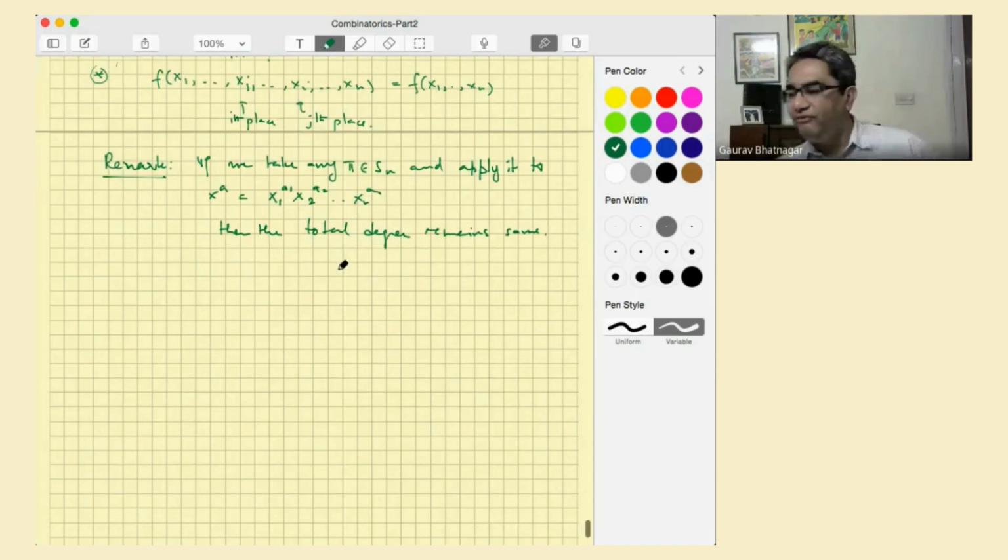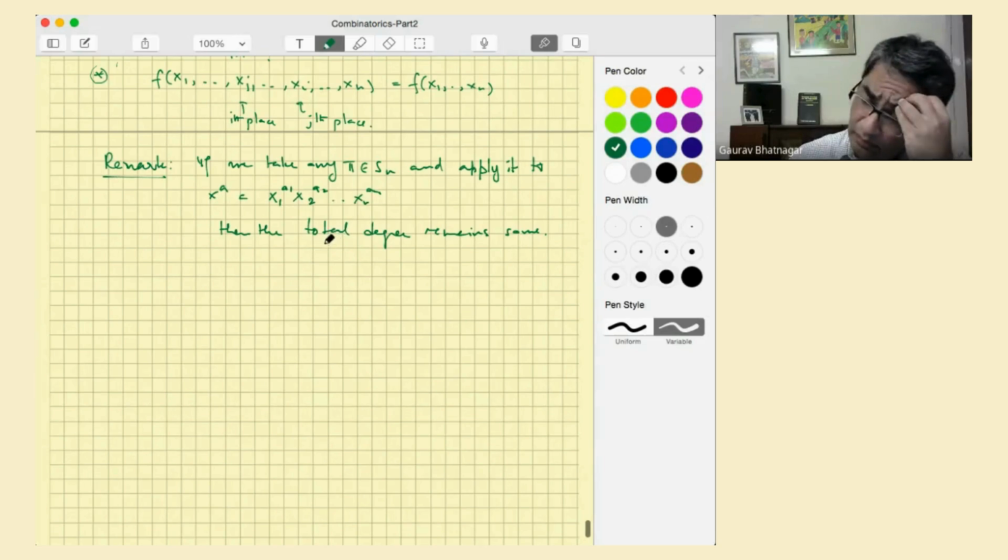So if I flip any two, then the total degree stays the same.